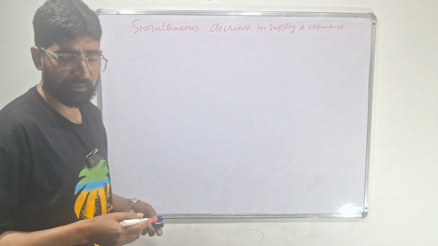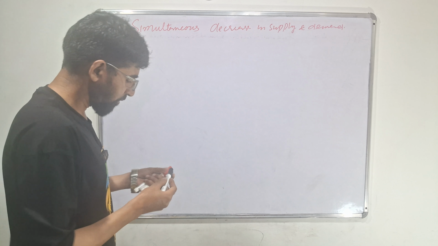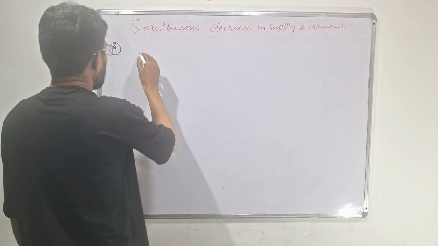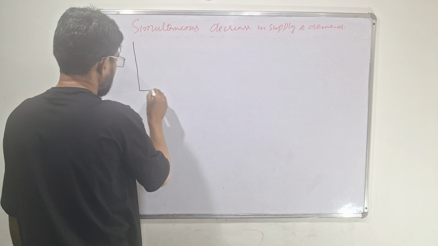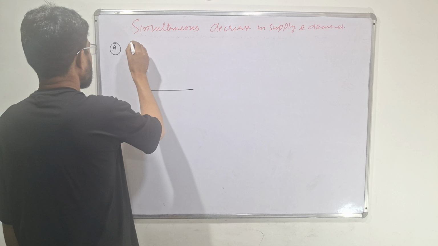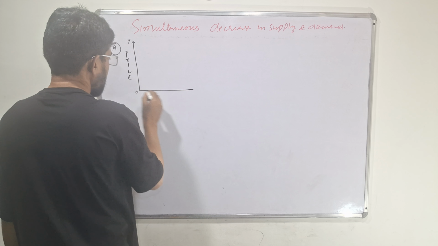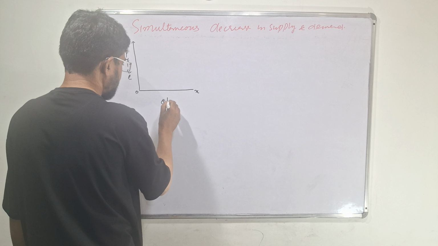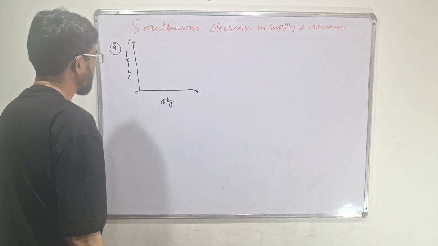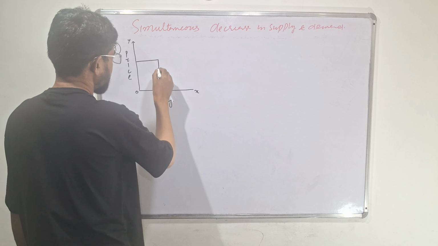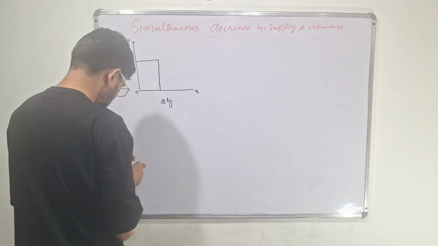What will happen at market equilibrium? I will show in first case. This is price, this is quantity. As I have already discussed this, there is no need to discuss more.